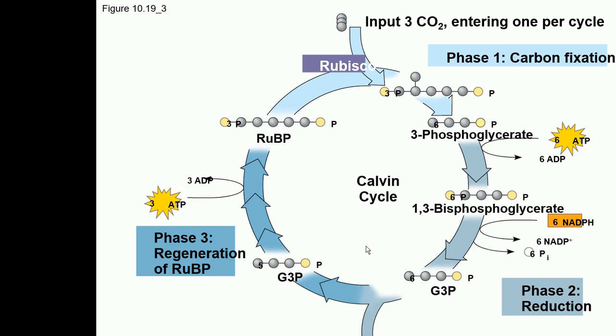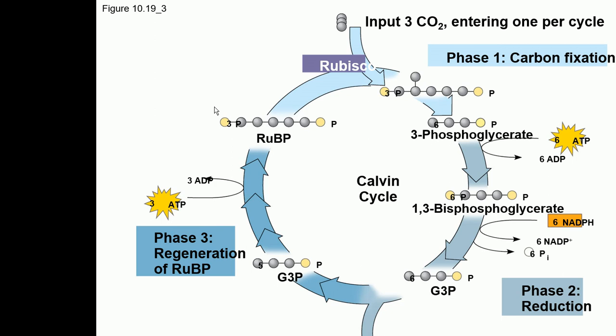Now out of these 6 molecules of glyceraldehyde 3-phosphate, the plant is going to use only 1 molecule for itself. It is going to convert this glyceraldehyde 3-phosphate into glucose, sucrose, whatever the plant cells require. The other 5 molecules of glyceraldehyde 3-phosphate will be used to regenerate RuBP.